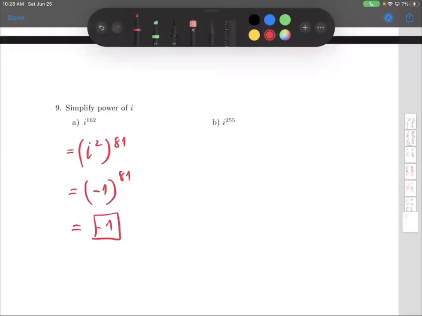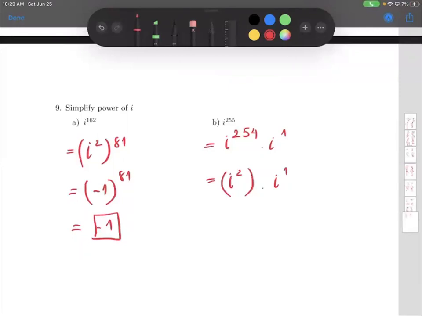What about B? 255 does not divide by 2 evenly, so we have to split it apart. I'm going to split it into i to the 254 times i to the first. So what number multiplied by 2 gives you back 254?